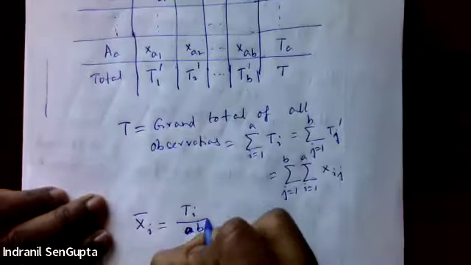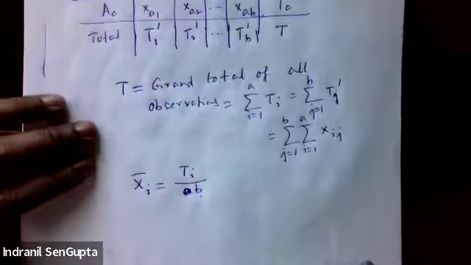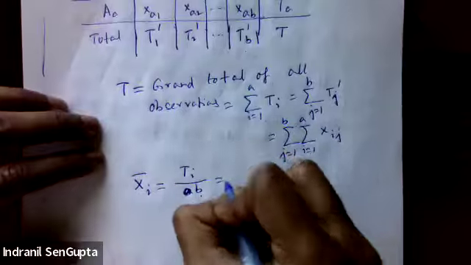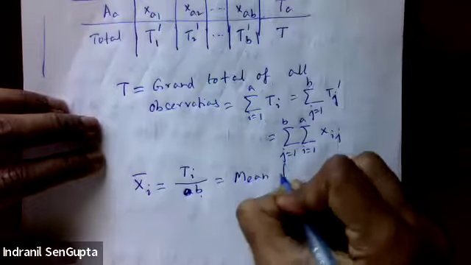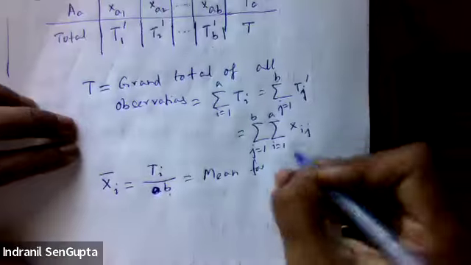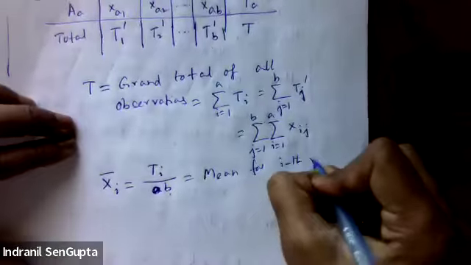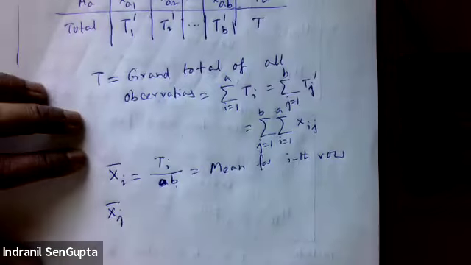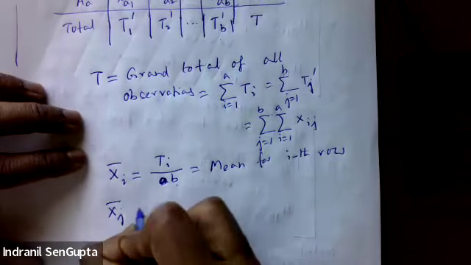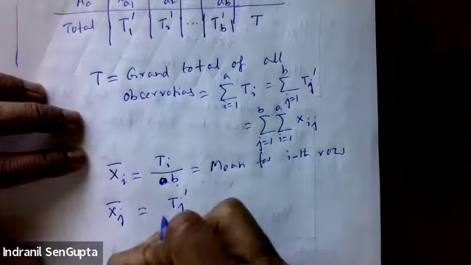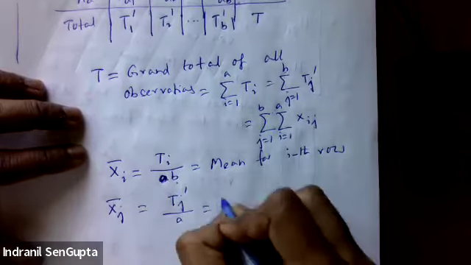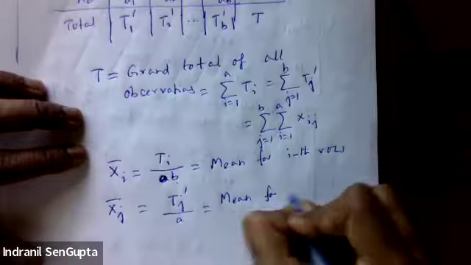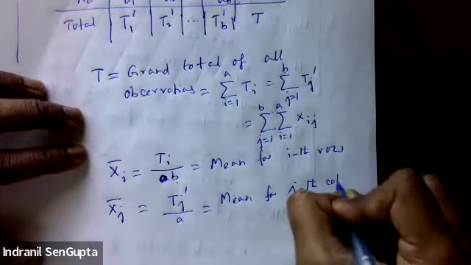There are a total of b entries. So this is the mean for the ith row. And then I write x j bar, which is Tj prime over a. So that is the mean for the jth column.